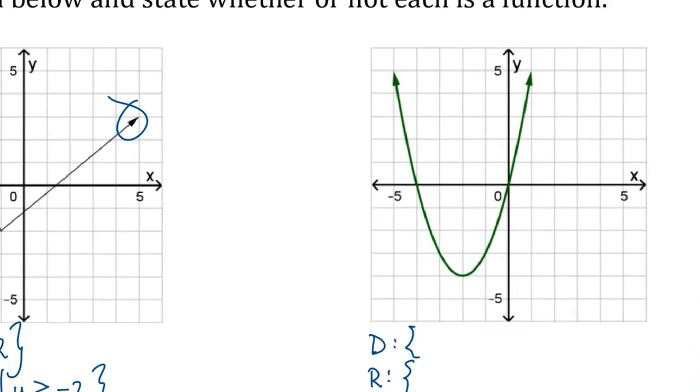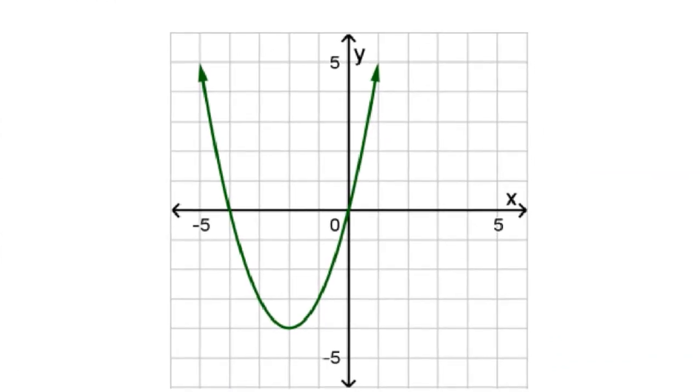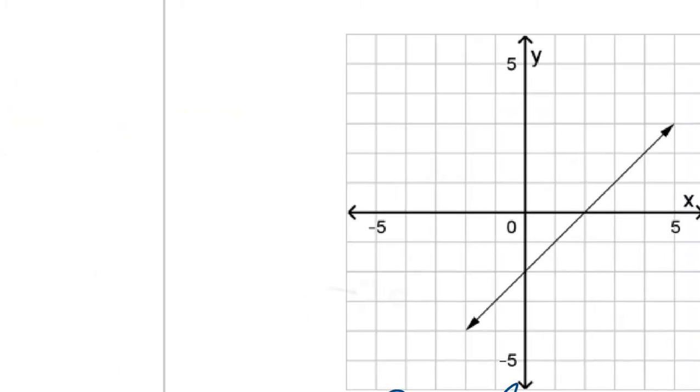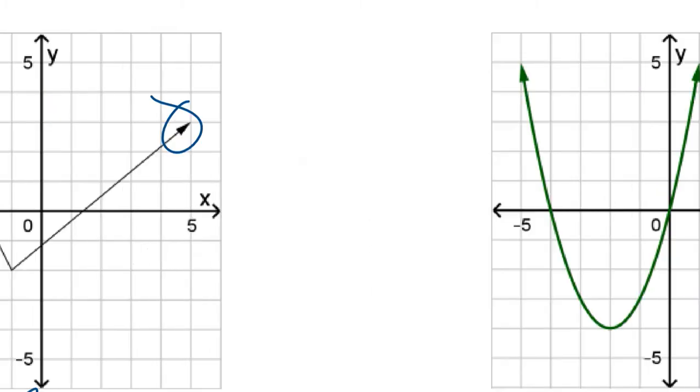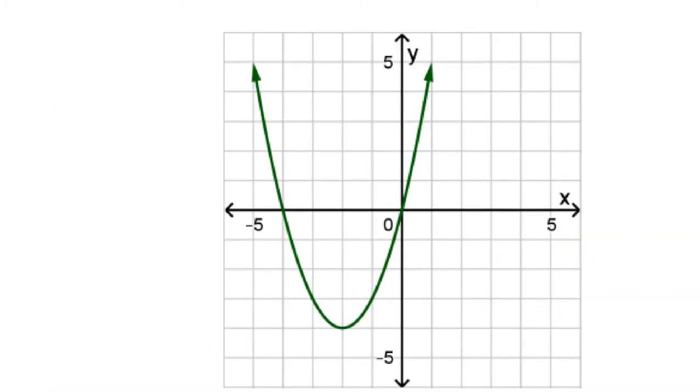And I'll tell you why. Some people say, well, I don't think x can be anything because those arrows are pointing up. They're not pointing left and right. Whereas these ones look like they're pointing left and right and up and down. These ones just look like they're pointing up. But it can't go straight up.